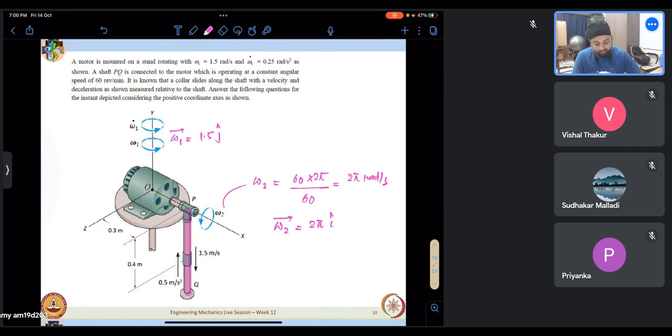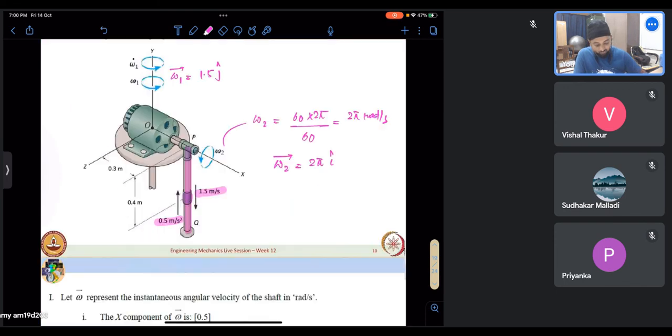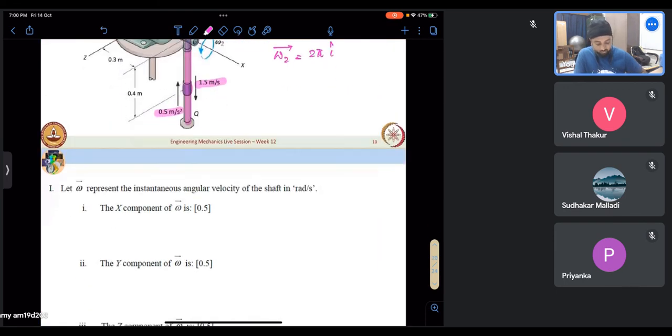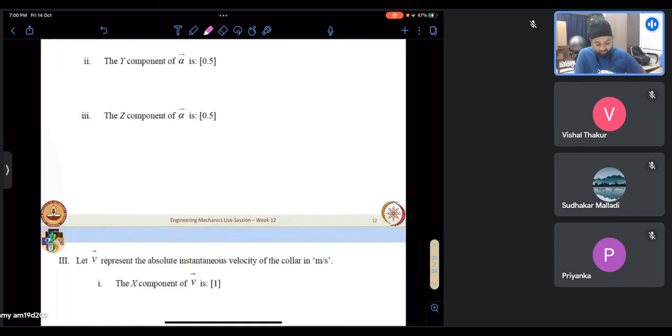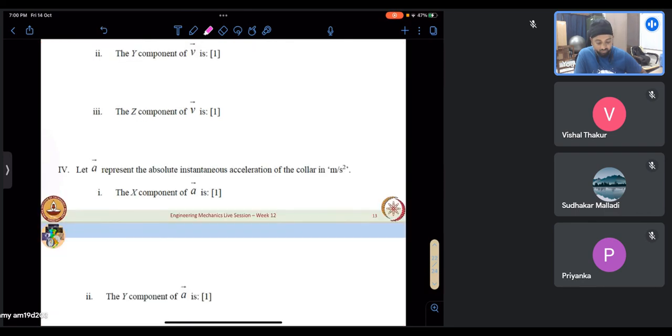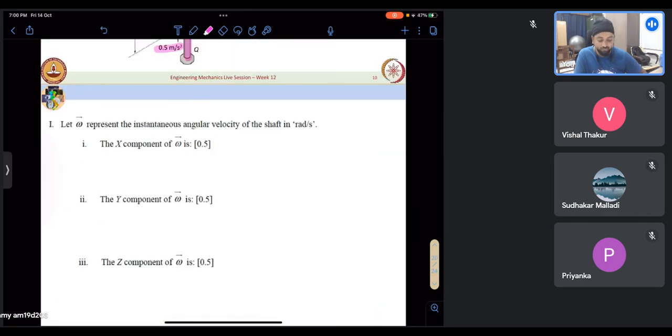It is known that when this is rotating relative to this collar, or rather shaft, it is having a relative motion like this. So it is slowing down. Acceleration is negative, in the opposite direction to the relative velocity. So we have been asked omega, alpha, velocity of the collar, and absolute acceleration of the collar. These four quantities we have been asked.